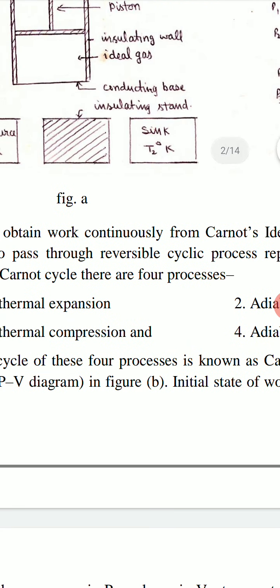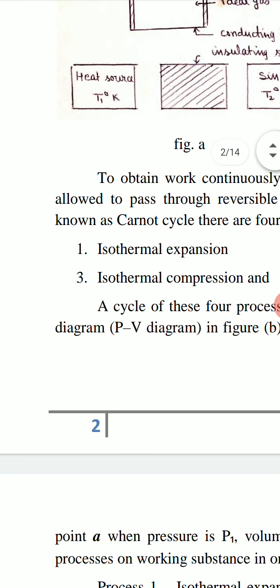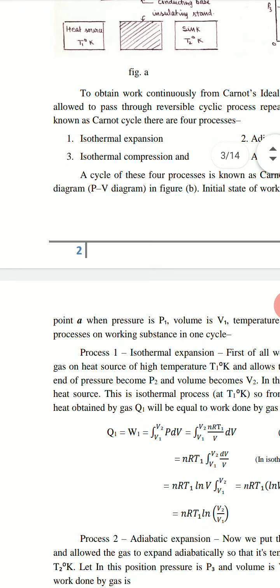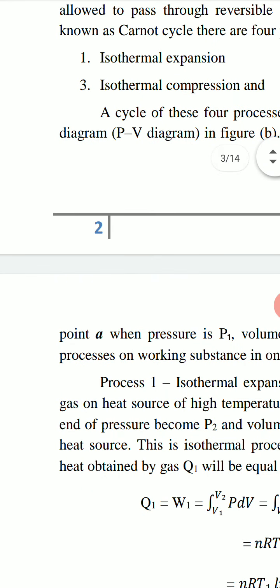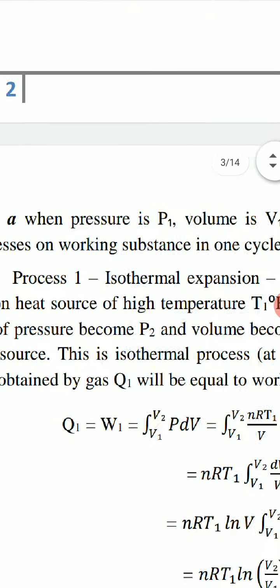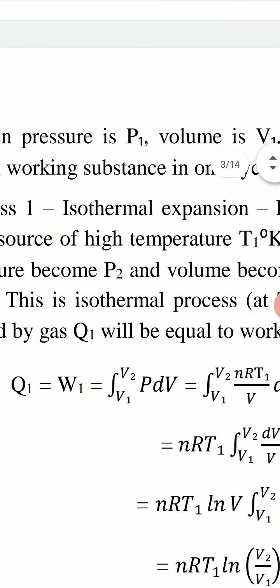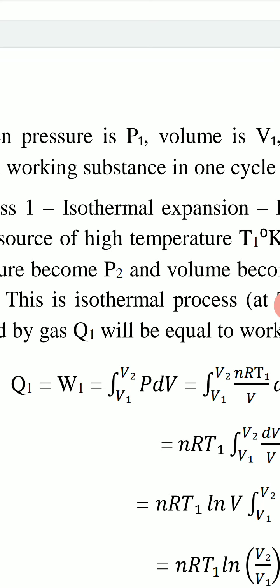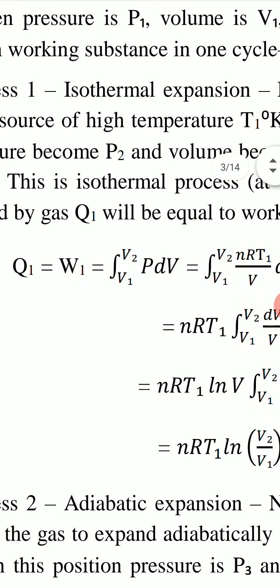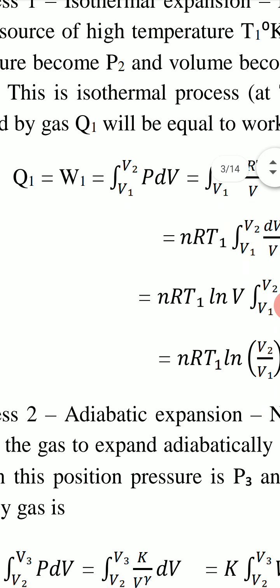Now for this complete cycle, that is known as Carnot cycle, we want to derive expression for total work done. First of all, we calculate the work done in process 1, that is isothermal expansion. Formula for work done is W equal to integral PdV, because dW is PdV.